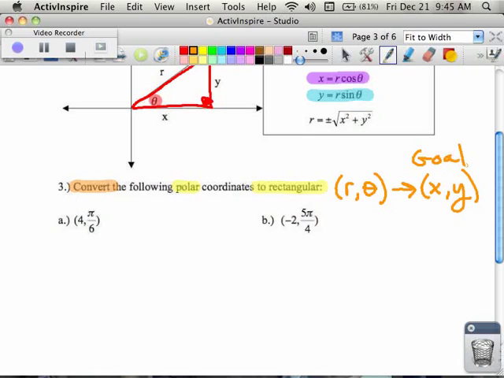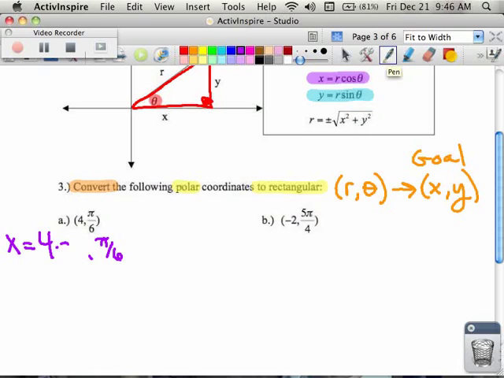If you look up above, we have techniques to help us do that. So in the purple, I see that if I'm looking for my x value, I take my radius, and in A, my radius is 4, and I multiply it by the sine of theta, which is pi over 6. That's from the purple equation up above. Wait, what is my cosine? Oh, pardon me. Did I write down the sine? I'm sorry. Thank you.